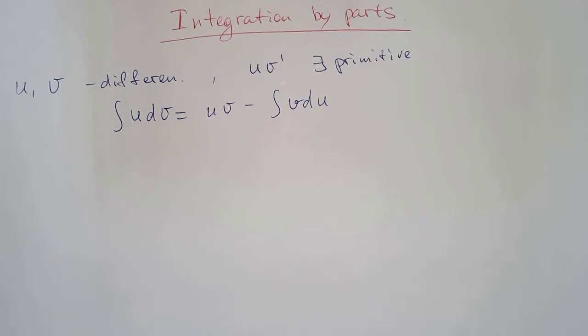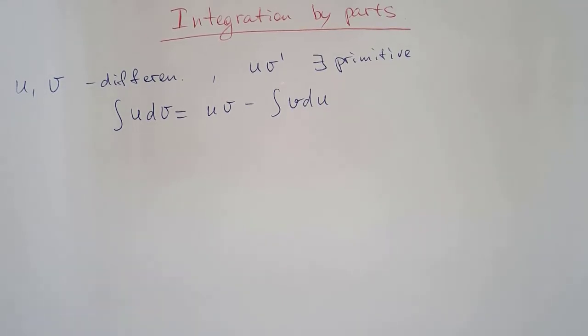This is what we call integration by parts. So we can divide our integral into such parts u and v, and then using this u and v find the value of the integral.